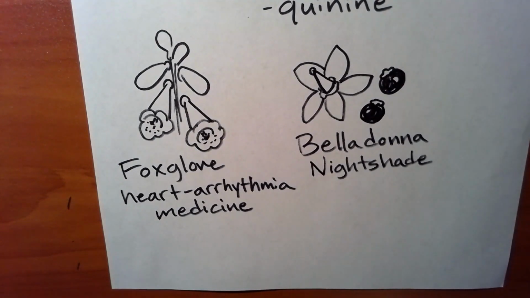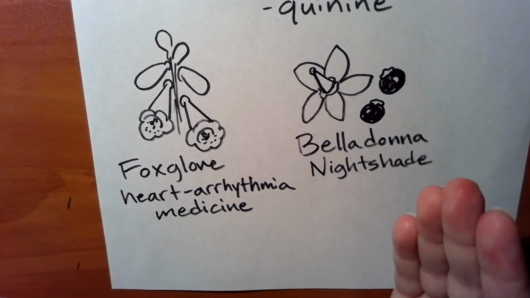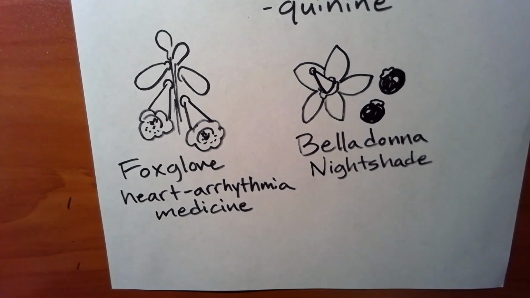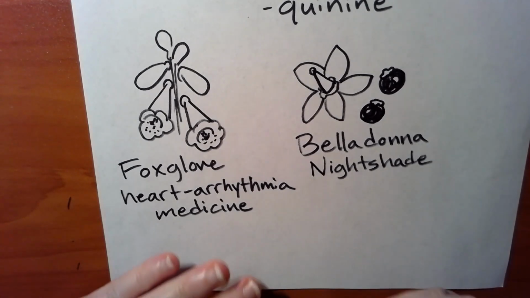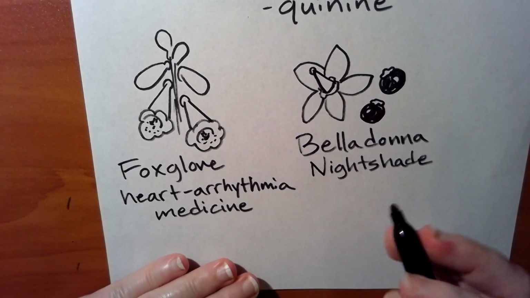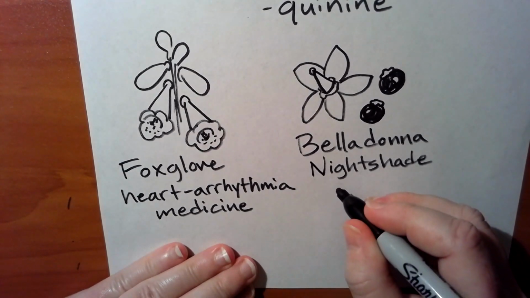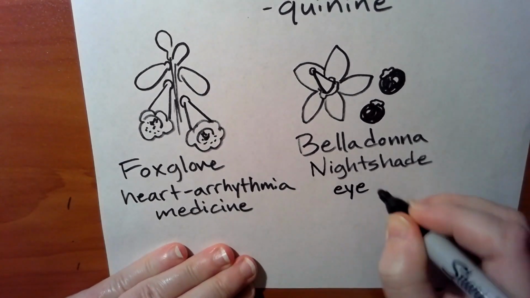What would we even use something that has deadly in its name for? Breaking down the components of this, which is actually in the same family as tomatoes and potatoes and peppers, the nightshade family. So yes, it's related to things that we actually eat on a regular basis. Belladonna nightshade is actually used as an eye relaxant.